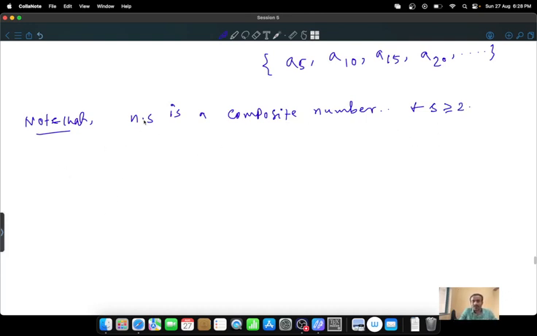So basically what this problem now reduces to is that a_n converges for every subsequence where n runs over composite numbers, but it does not say anything about the primes.